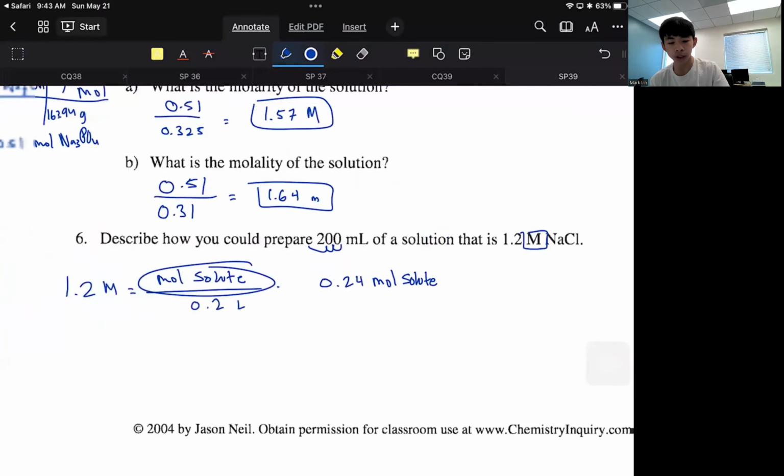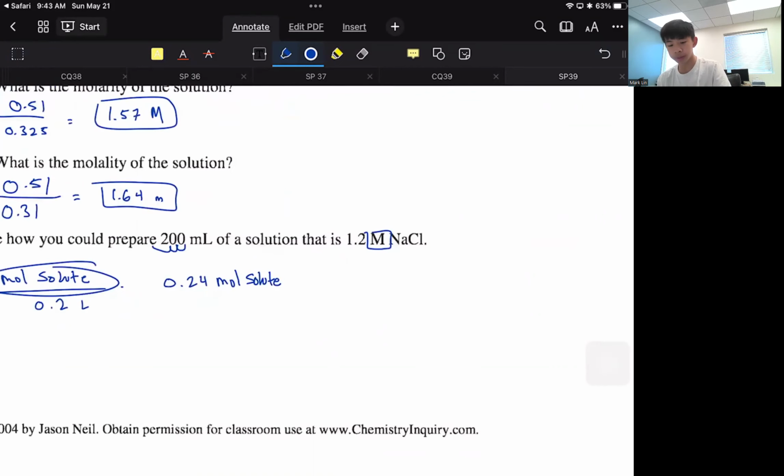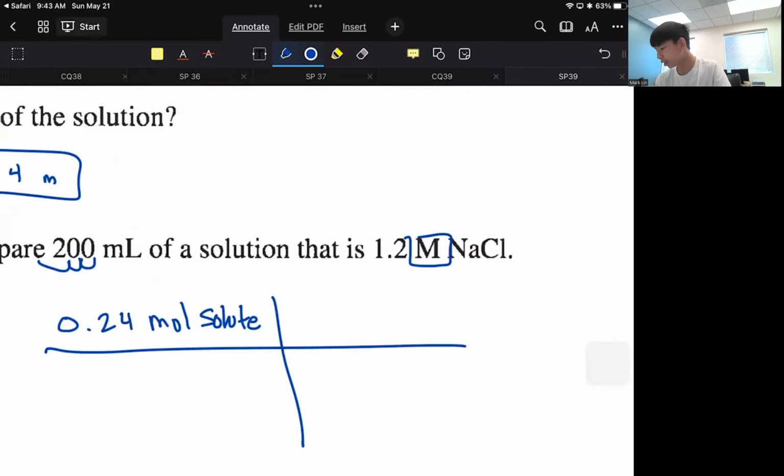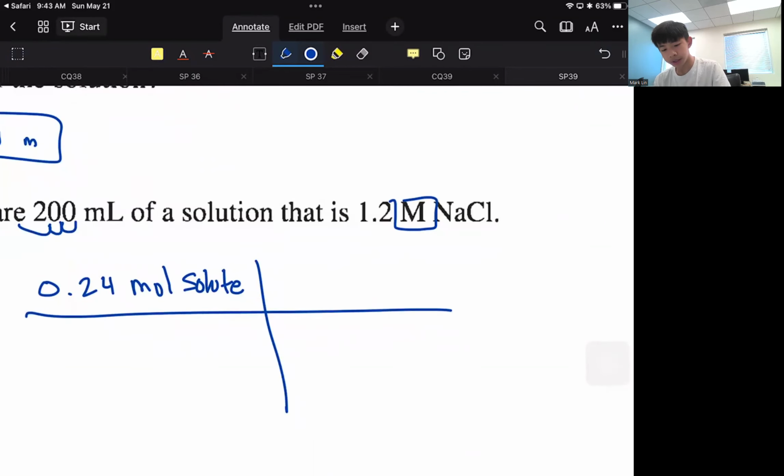The way this question asks is just writing it in words. Like, how do I do this? You can't take some moles of solute, so you have to convert it to grams. Honestly, I don't know why this problem's in here. It doesn't really make that much sense. So the solute is NaCl.